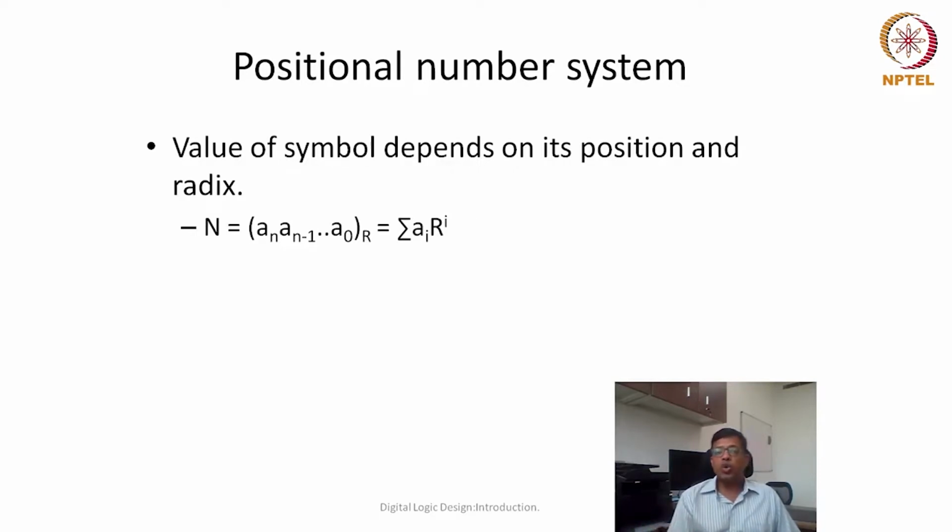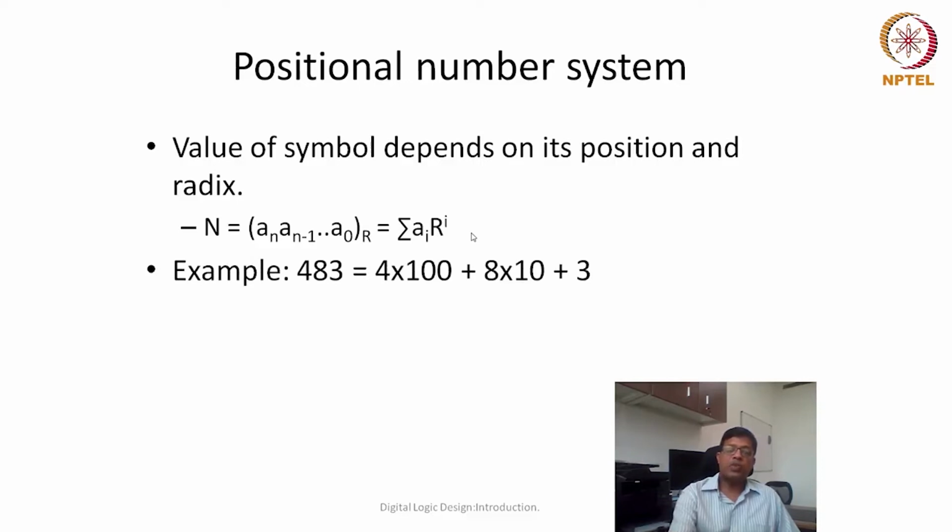So R is the total number of symbols which are present. Let's say R is the number of symbols, and the number has n minus 1 such digits. So this number can be represented as the summation of A_i, the digit at the ith position, into R to the power i. This looks complicated, but let's try to understand it with the decimal system.